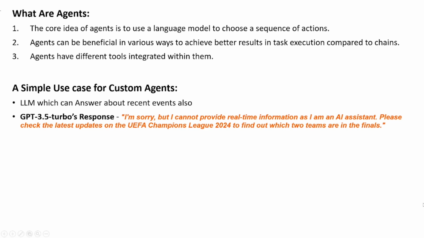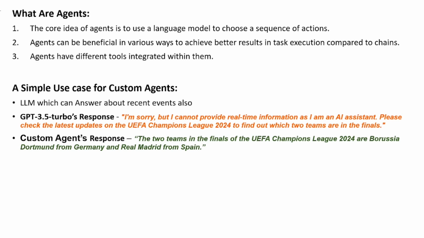In the answer, GPT 3.5 said, "I'm sorry, but I cannot provide real time information." Then I created a custom agent and asked it the same question. And you can see it was correctly able to find out that Dortmund and Real Madrid are going to be in the finals of Champions League 2024.